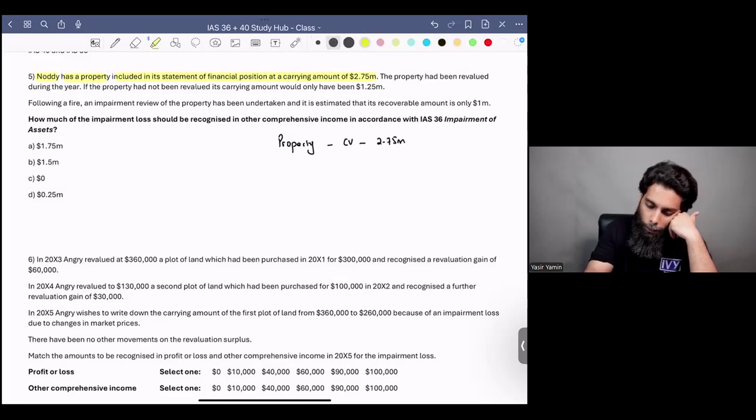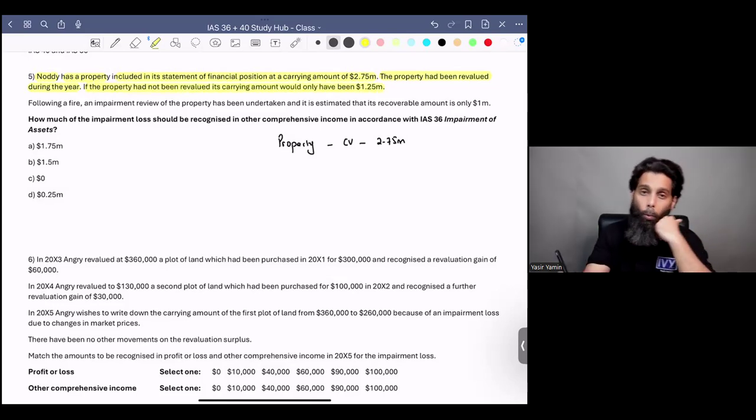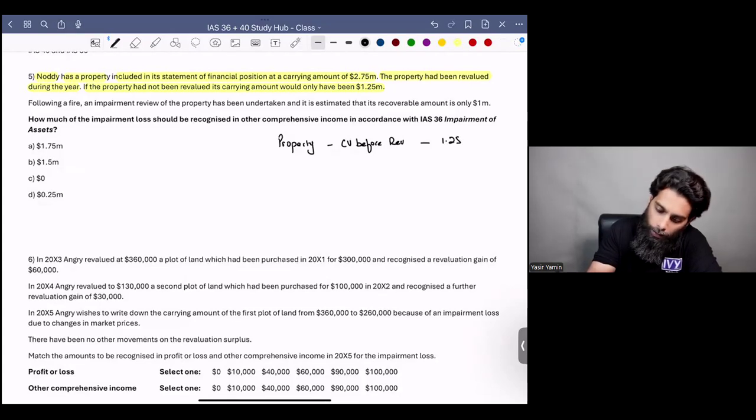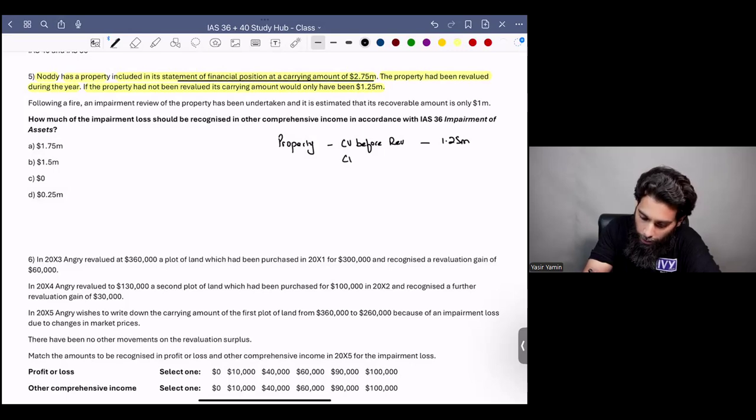Understood. The property had been revalued during the year. If the property had not been revalued, its carrying amount would have been 1.25 million. So basically, what they are saying is that their carrying value before revaluation would have been 1.25 million, and the carrying value which is carried under SOFP, which is after revaluation, is 2.75 million.